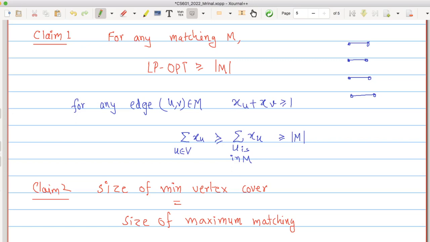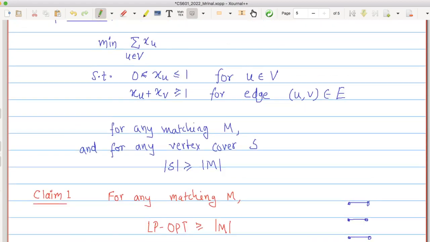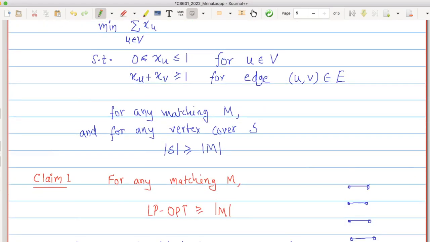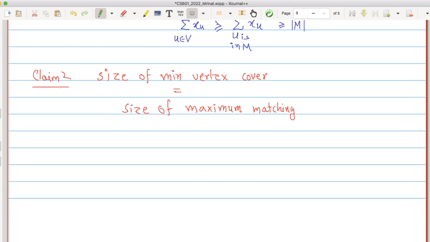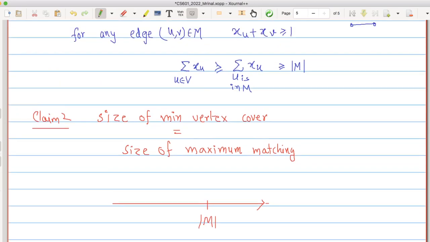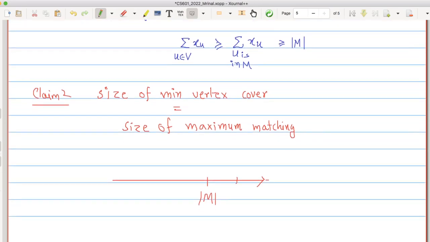And when you combine the two claims, you will get that LP optimal is exactly equal to the minimum vertex cover. So why is that true? Again, let's look at the number line. We said that matching size gives a lower bound on the LP opt, right?